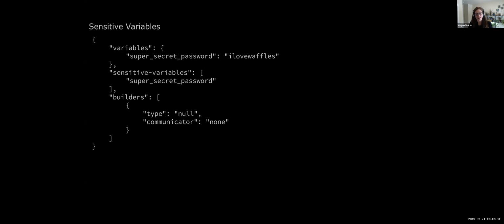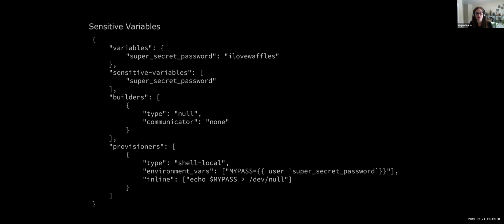Now, it's time to define that beautiful null builder. And this time, we're just going to scream that super secret password into the void using the shell provisioner. This is important because we're not actually printing this password on the remote system, so you'd think that it would never show up.